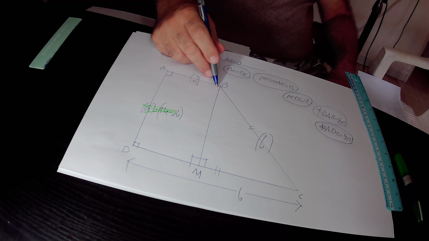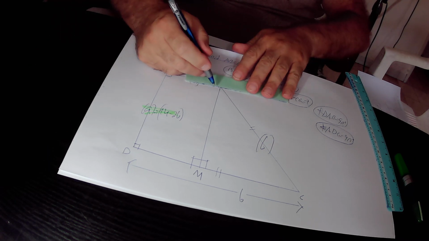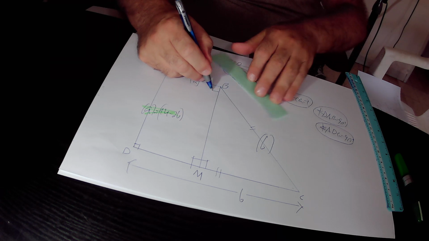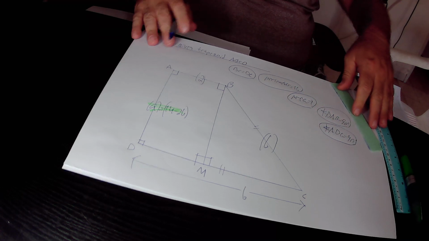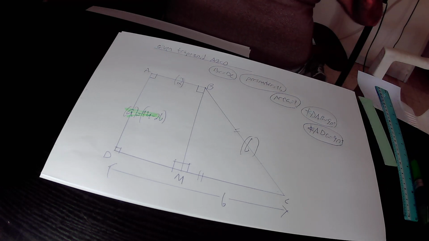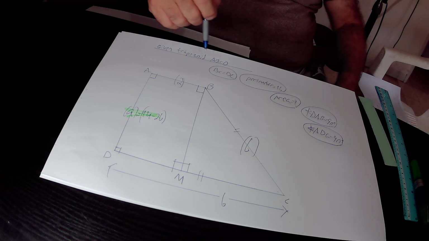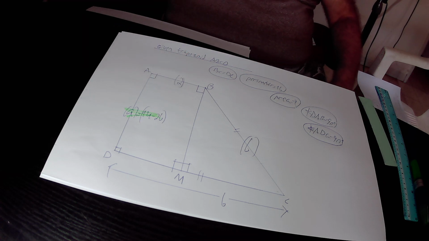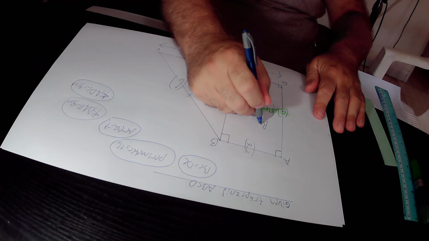Therefore, the fourth angle must be 90 degrees. So inside the quadrilateral ABMD we have 4 right angles, and according to rule 5, any quadrilateral that has 4 right angles must be at least a rectangle if not a square. So this quadrilateral ABMD is a rectangle because it has 4 right angles.